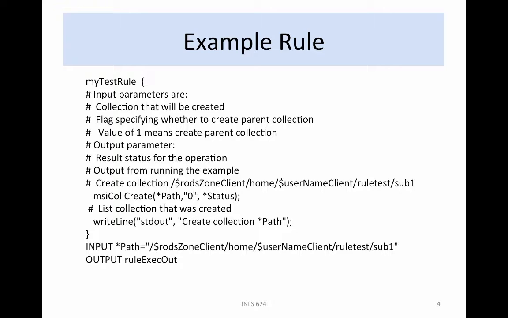After the rule body enclosed in the braces, the input parameters are defined. The output parameter ruleExecOut specifies that the output results written to standard out will be copied to the screen. This has one input parameter for the variable *path, which defines the path name to a collection.